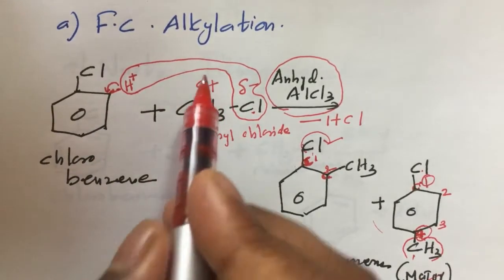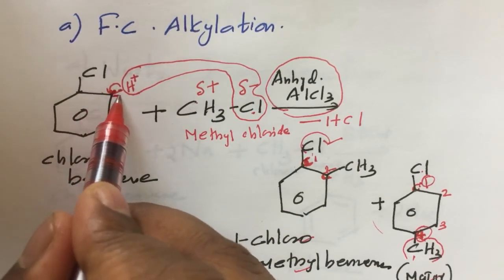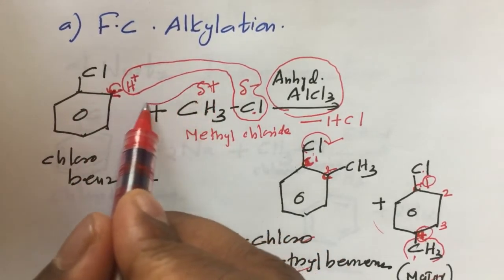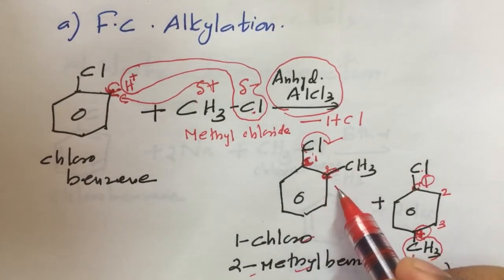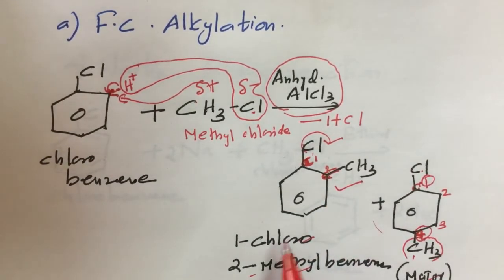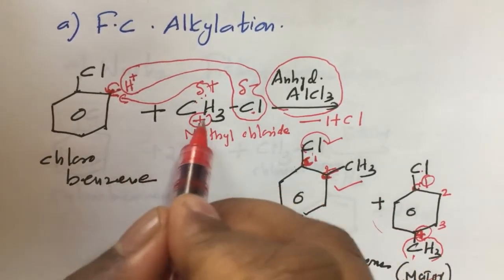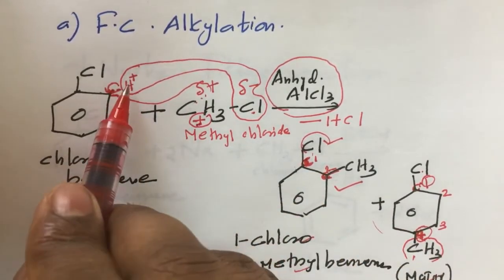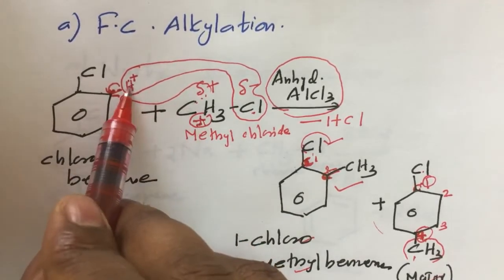Then the remaining CH3: after shifting these 2 electrons, here there is a negative charge, so this positive will attract to the negative. Then CH3 will attach at the ortho position. Here CH3 is plus, and plus means electrophile, and this electrophile replaces H plus, so it is called electrophilic substitution.